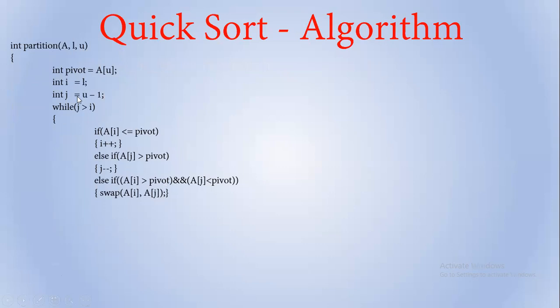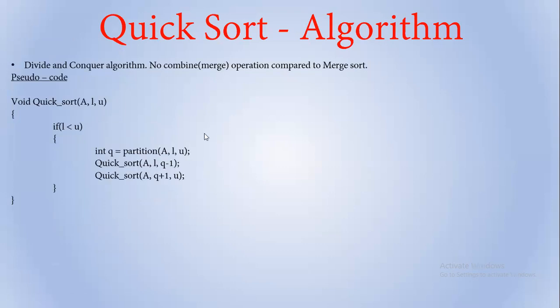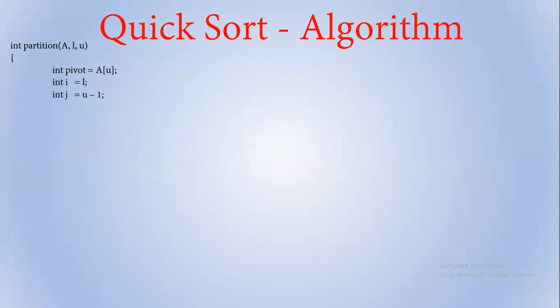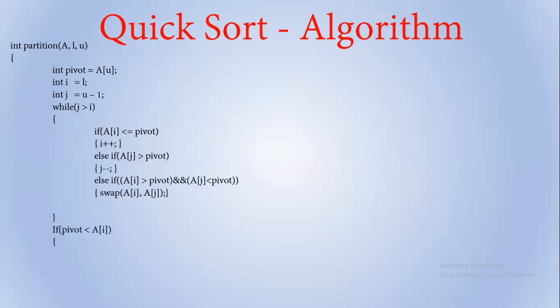Based on that value returned, the next sub quick sorts, which are the recursive quick sorts in the same quick sort, take place. Based on that return value of the partition function, these quick sorts will take place. So that is how the quick sort algorithm works.